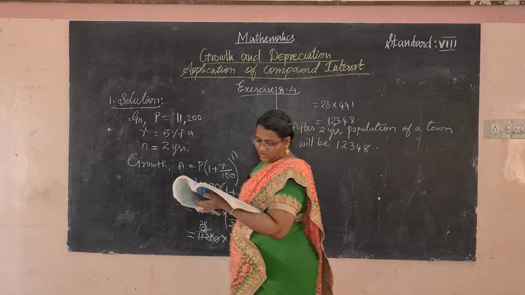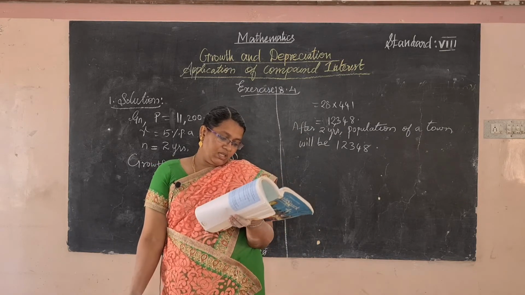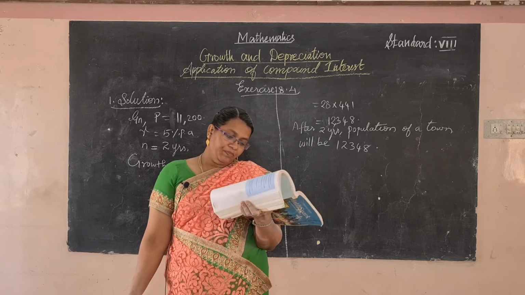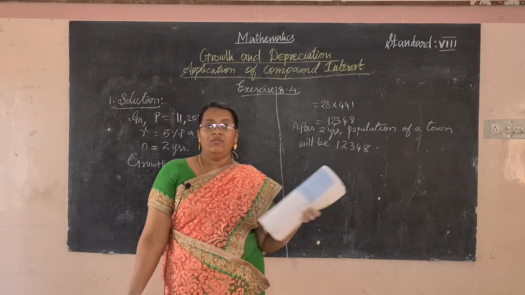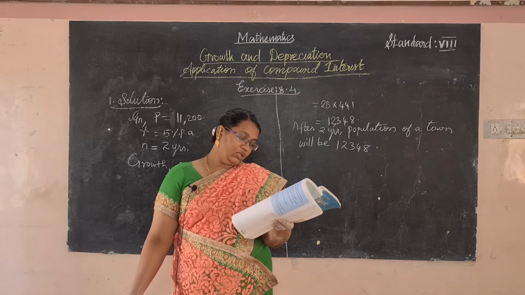Okay, right. And next, the second problem, same method, population is given, increases in the same manner, you will do the homework. Okay, and now move to the third one.